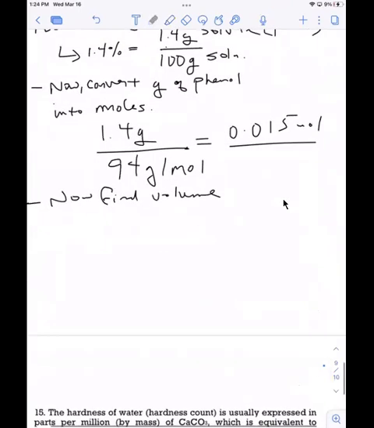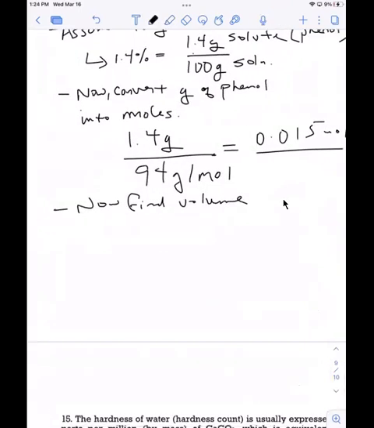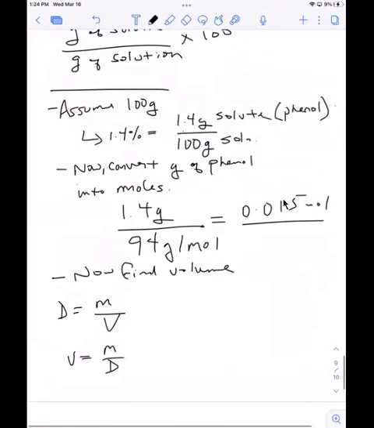So remember, the relationship for density is density equals mass over volume, right? So we can manipulate this. V will be mass over density. And we already assumed 100 grams of solution up here.